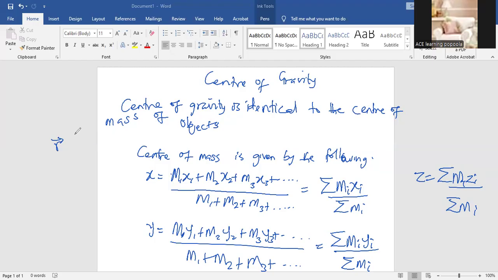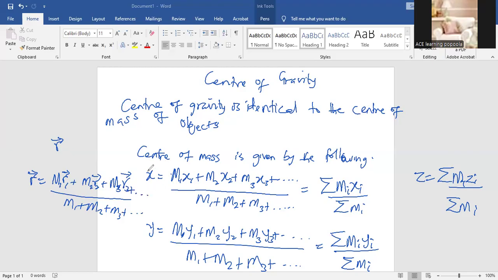So it means that the center of mass with respect to the position vector will now be m1 r1 plus m2 r2 plus m3 r3, divided by m1 plus m2 plus m3 and so on.